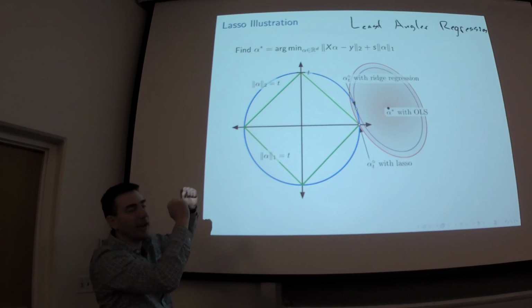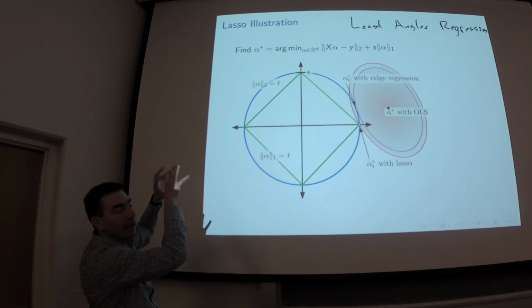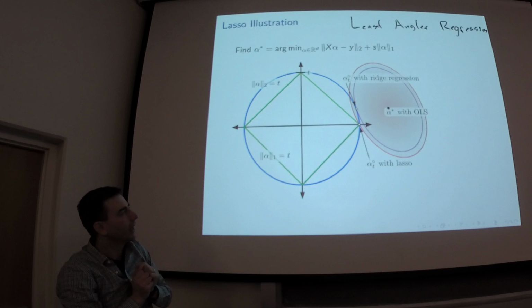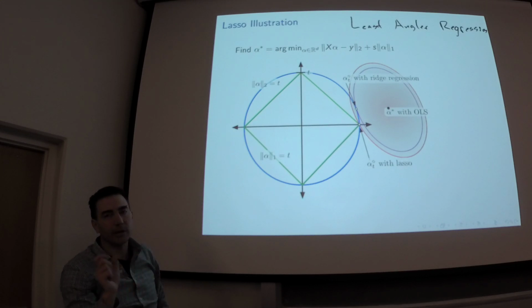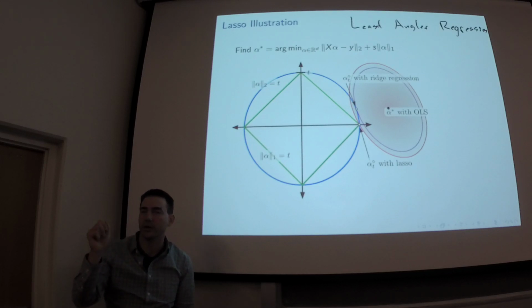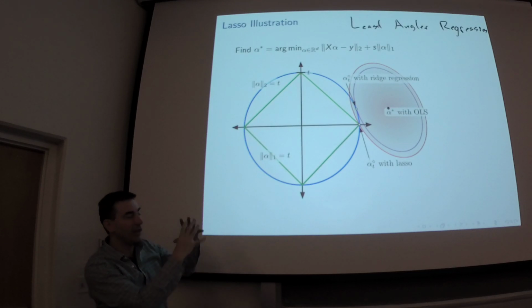The first key observation is that when I make t just barely larger than 0, alpha will have exactly one coordinate. The right solution for alpha is all zeros except for one coordinate.